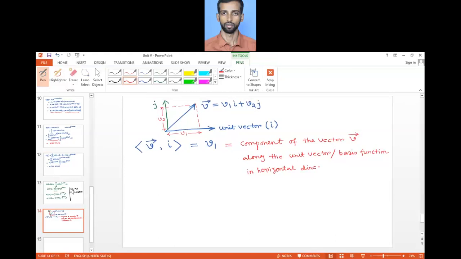Since we are dealing with two-dimensional vectors, we'll have only two different directions: horizontal direction and vertical direction.